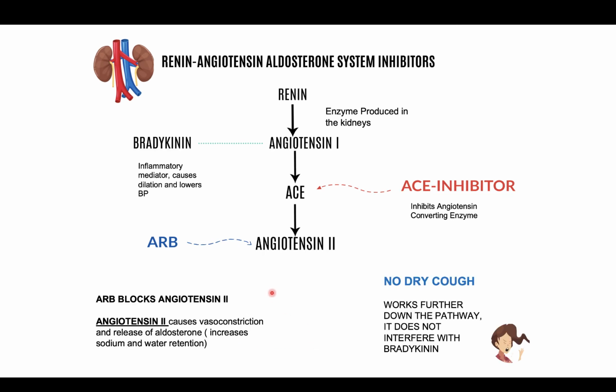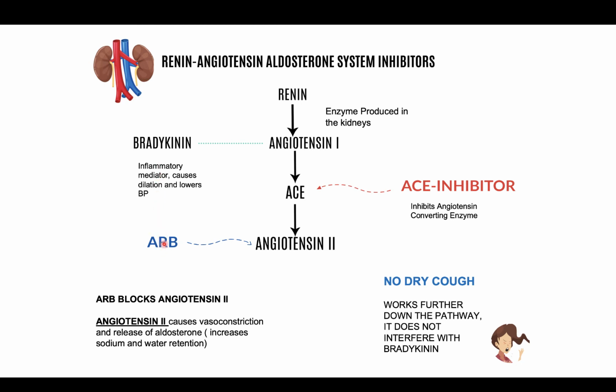Now, the benefit of the ARB working directly on angiotensin II, at the bottom of this pathway, is that we don't see dry cough in patients on an ARB as compared to the ACE inhibitor. Because the ACE inhibitor blocks this enzyme at this step, it affects bradykinin, more so than the ARB.